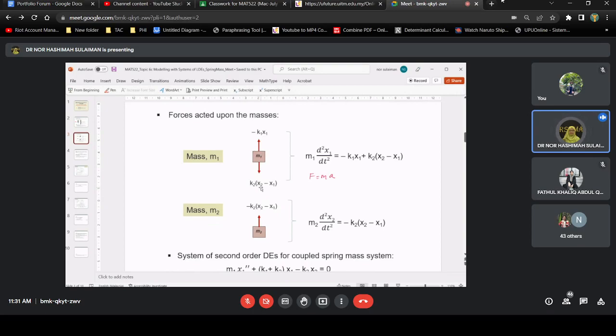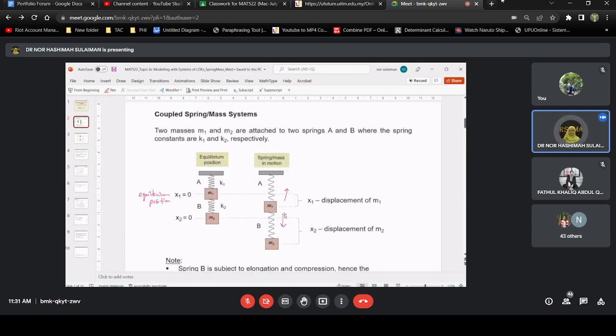Why do we subtract x2 minus x1? Because x2 has to be subtracted by x1, because x1 is the displacement due to the first mass. Okay, so x2 is due to mass 2. So the net difference in terms of the displacement is x2 subtracted by x1. Only then do we see its net displacement.